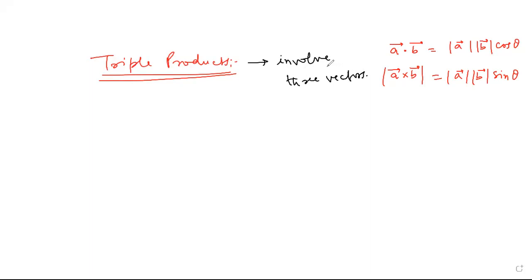But there are two types of triple products. One is called triple scalar product, and the other is called triple vector product.